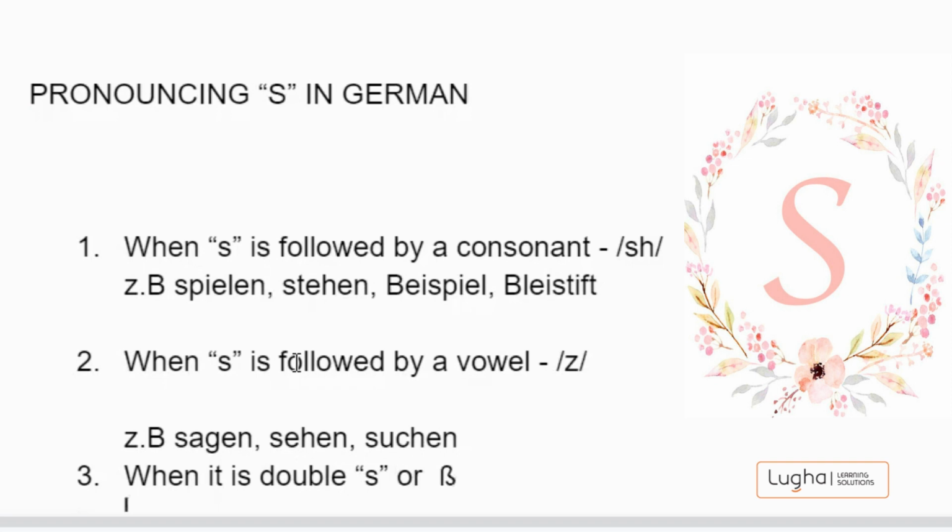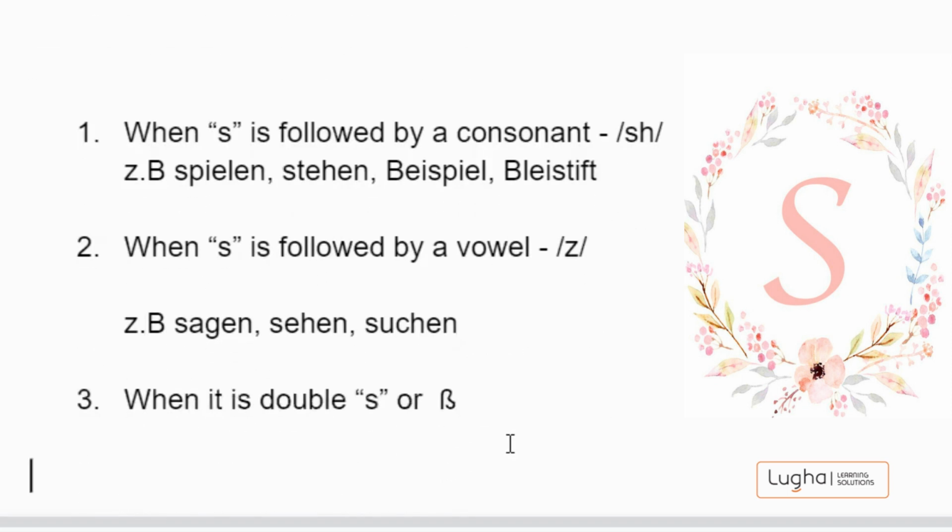Do you remember the Eszett? If you have watched our video on the special characters in German, you understand what the Eszett is. If you haven't, you should go and watch it. There I mentioned that when you see the Eszett, it represents double S. So when it is double S or the Eszett, then we pronounce it as S. For example, zum Beispiel, we have heißen.